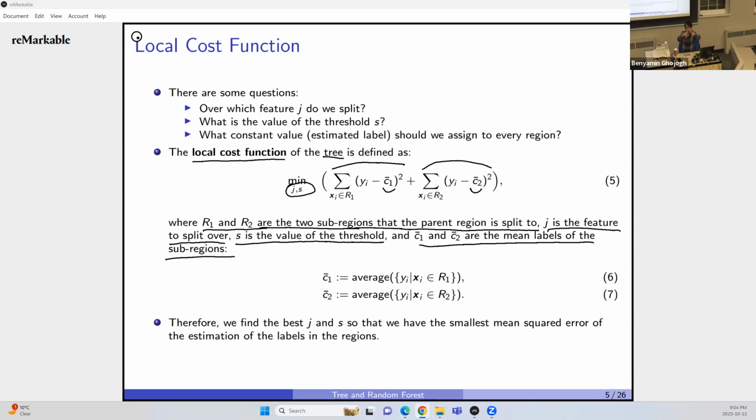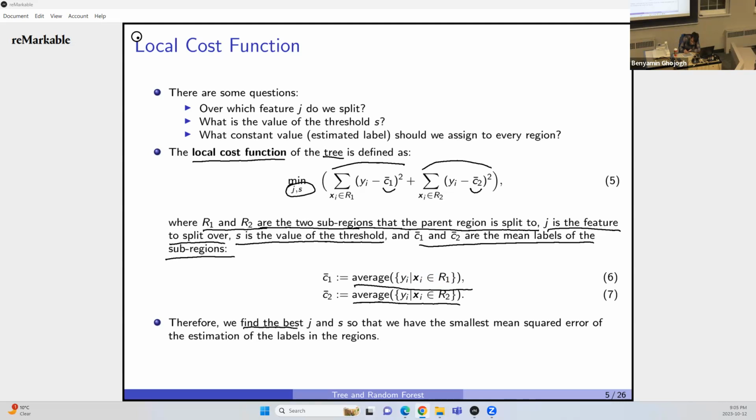When I partition the space using the tree, in every subregion I have some data points, and they have some labels. Let's take the mean labels of the data points in region 1, denoted by c1 bar, and the mean labels of the data points in region 2, denoted by c2 bar. As I said here, the average of yi where xi belongs to R1, and the average of yi where xi belongs to R2.